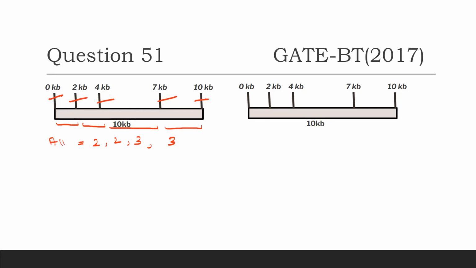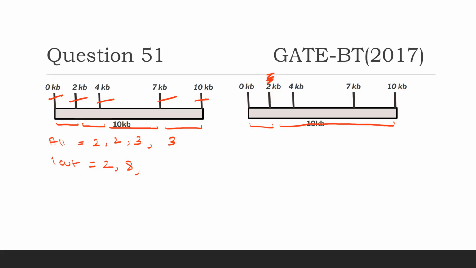In fragments where there is only one cut, any one of these restriction sites can be cut. In that case, you can have either a 2 kb fragment, if this was the restriction site that was cut, and an 8 kb fragment.